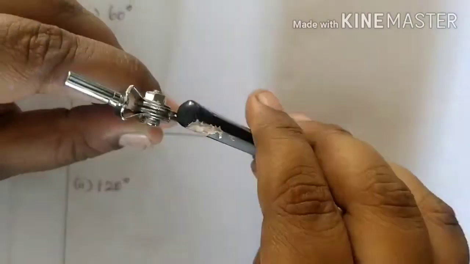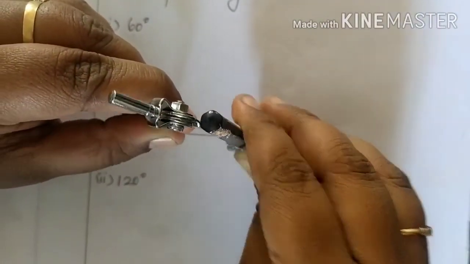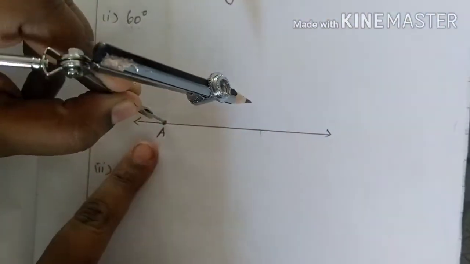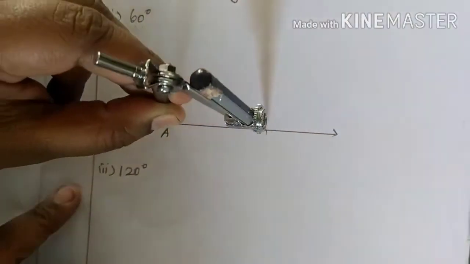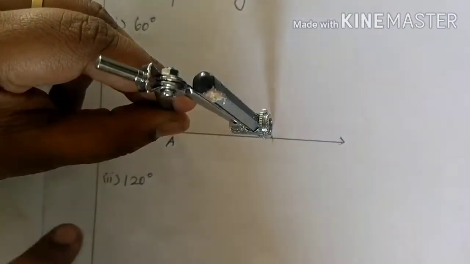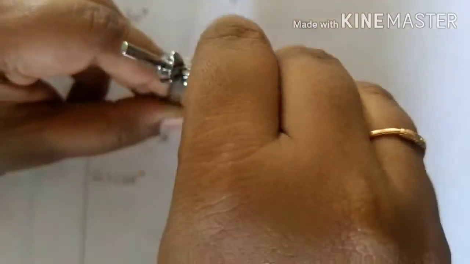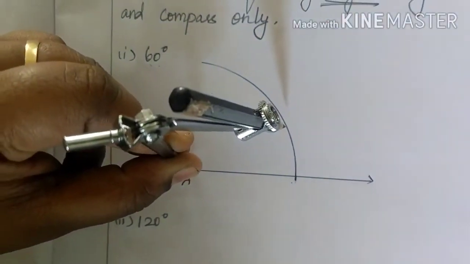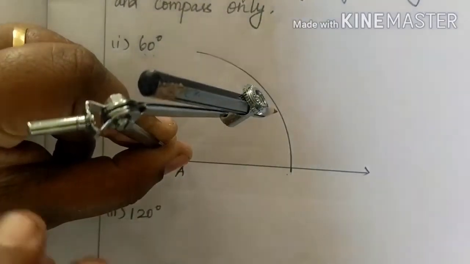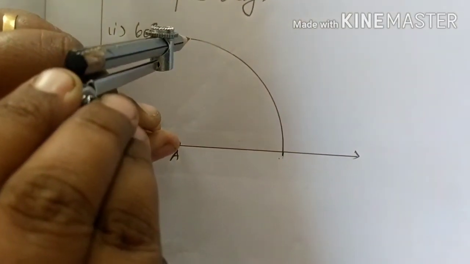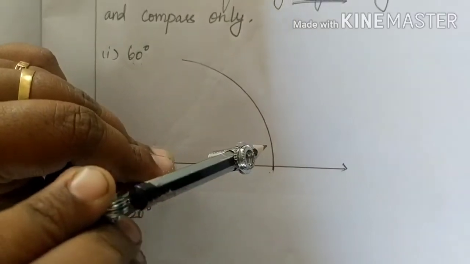Measure that radius, place the compass on the point A on the line, and then draw the arc. Okay, I draw the arc like this.